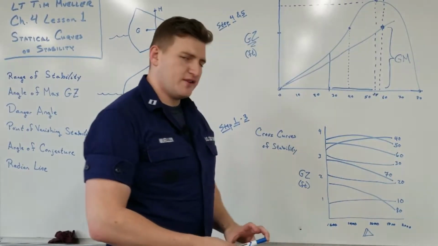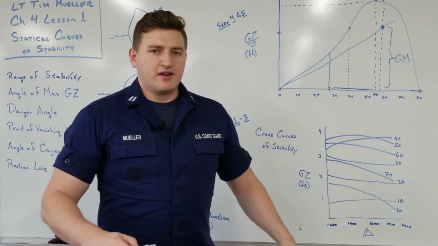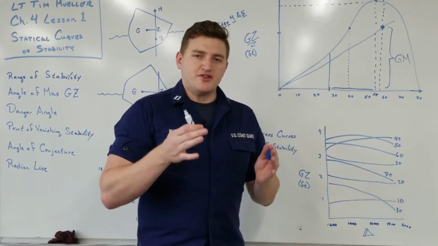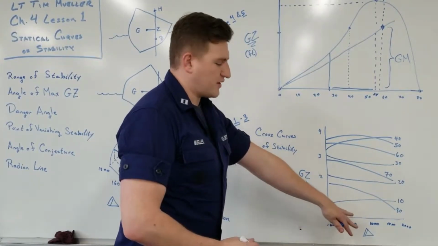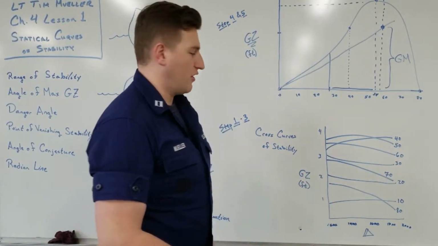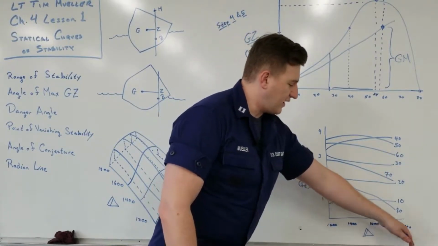Step 3, once you have your chart and you have your displacement, is drawing a vertical line at that displacement. So let's say we are 1,600 long tons. On this horizontal axis goes 12, 14, 16, 18, and 20.